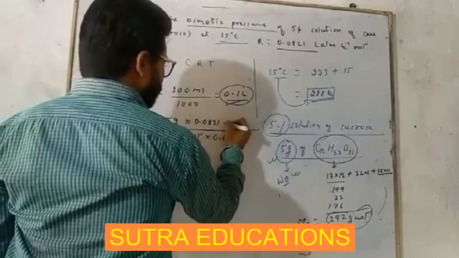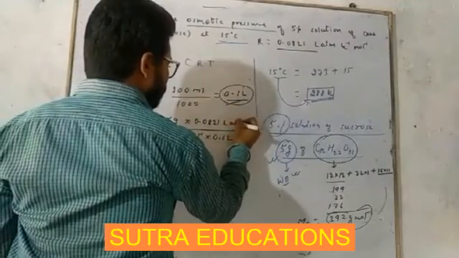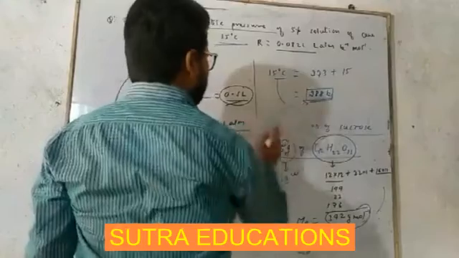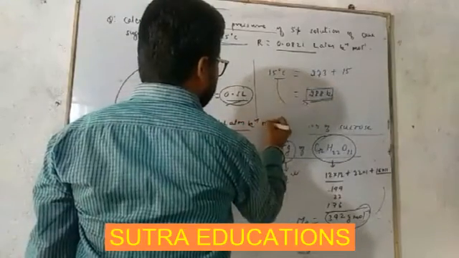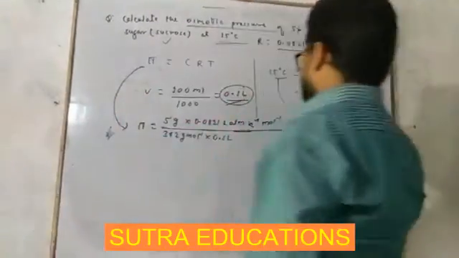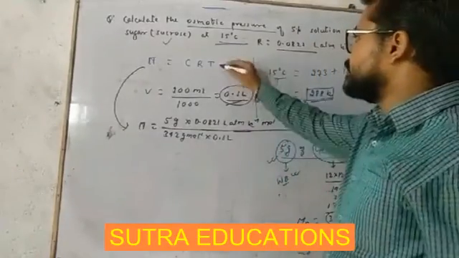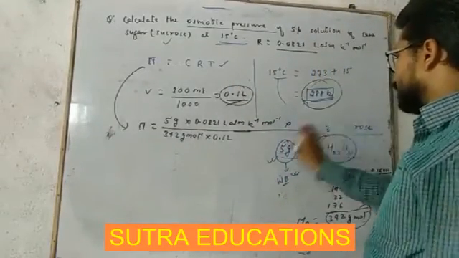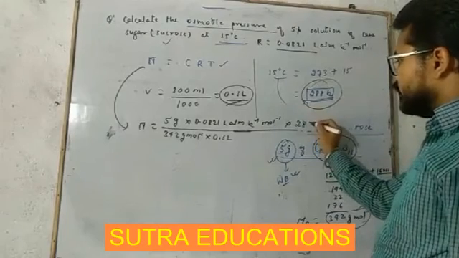And temperature we have calculated 288 Kelvin, so it will be multiplied by 288 Kelvin.